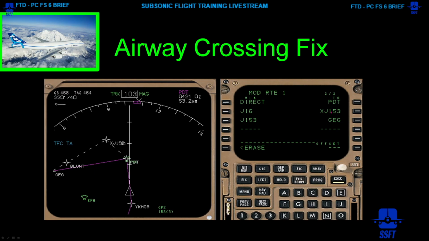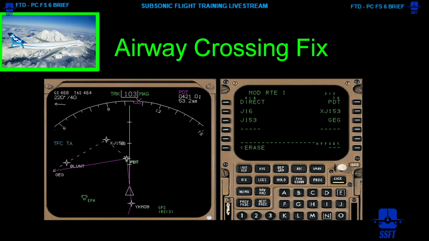And that's the crossing of the J16 and J153. And that'll define the crossing of that airway coming out of Pendleton, which is J16. And then J153 would be out of Spokane. And where those two cross, it would create a starting or a crossing point.